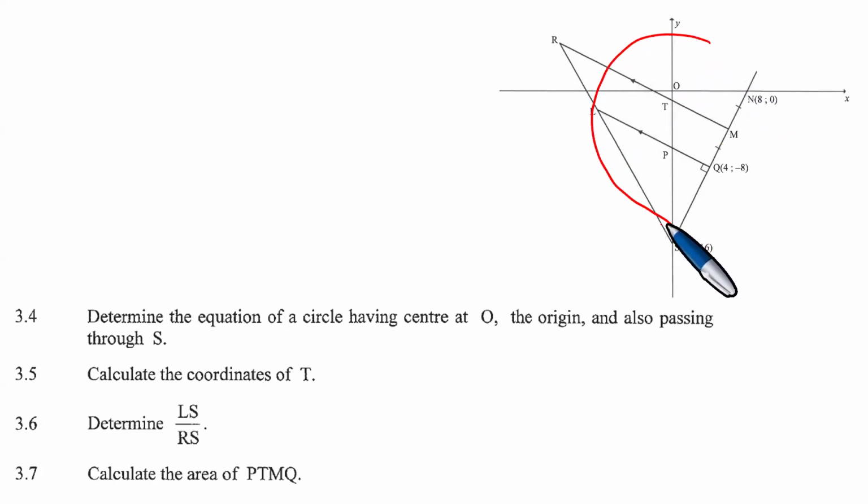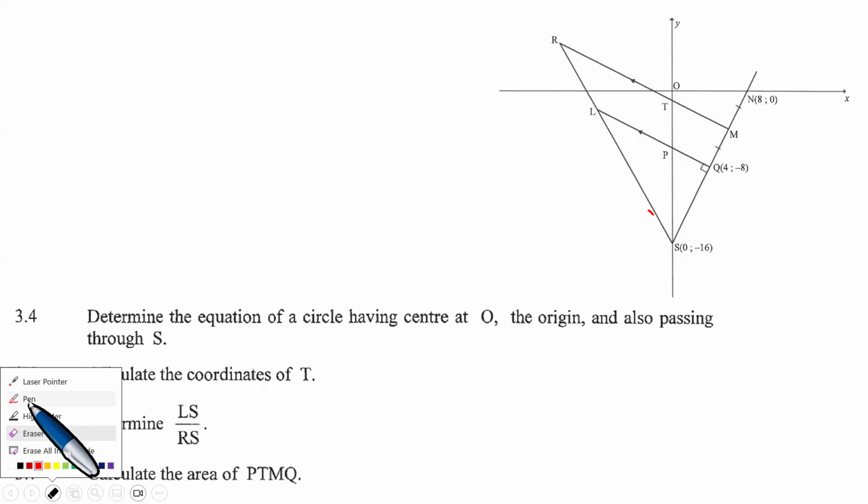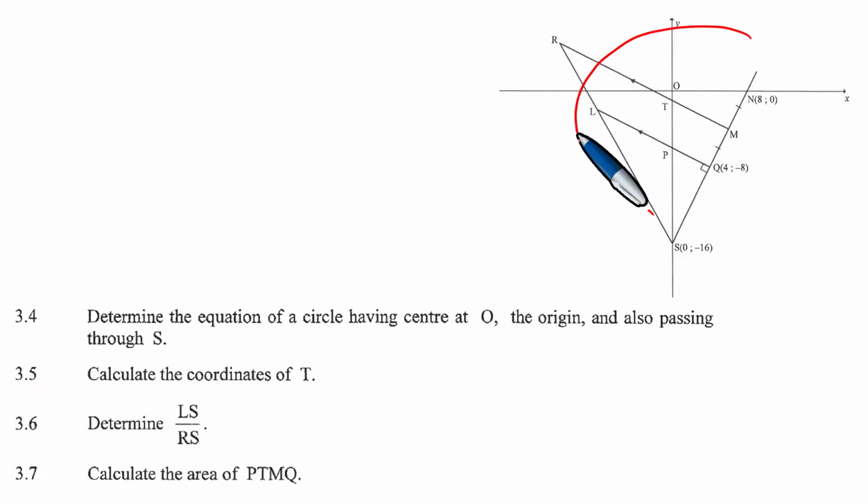This is not going to be to scale, but you'll have a circle with the origin as center that passes through the point S like that. Since it passes through the point S, we can do this with ease.